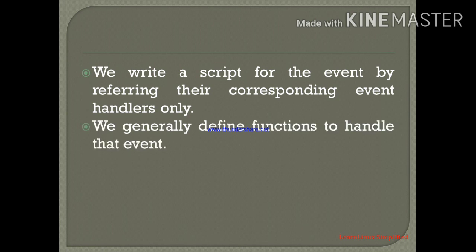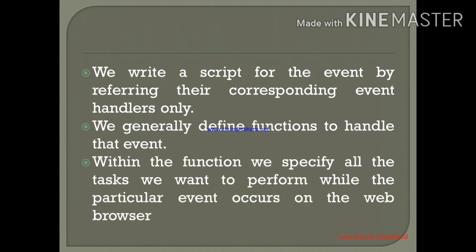We generally define functions to handle that event. Within the function we specify all the tasks we want to perform when the particular event occurs in the browser. All these things we define within a certain function, and that function we assign to the particular event handler.